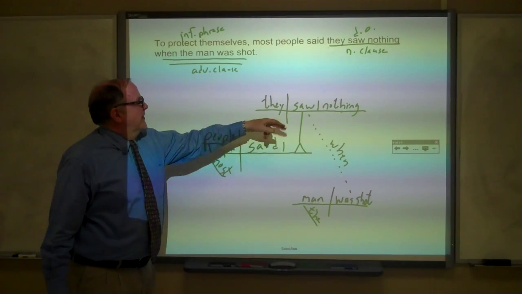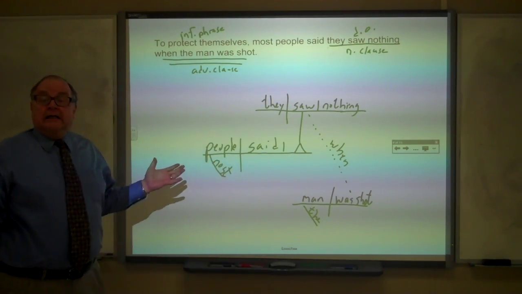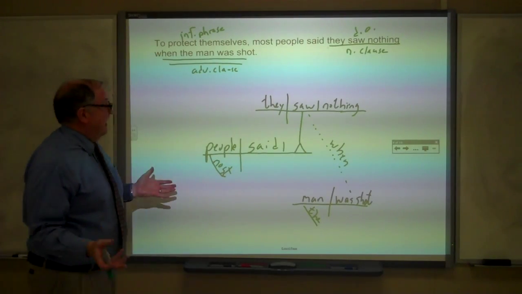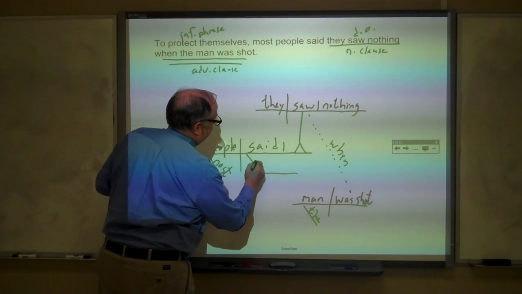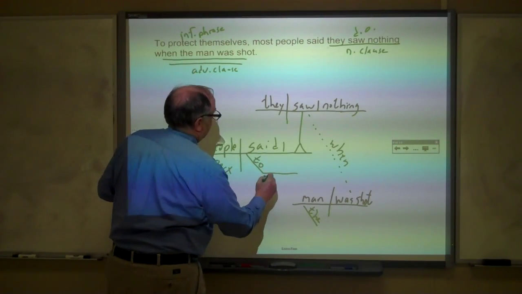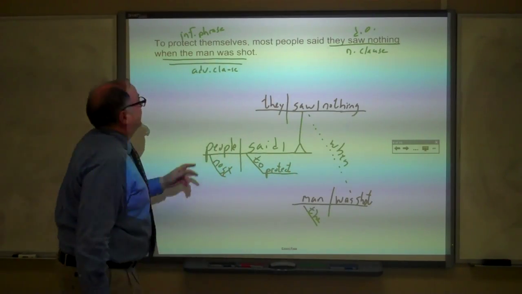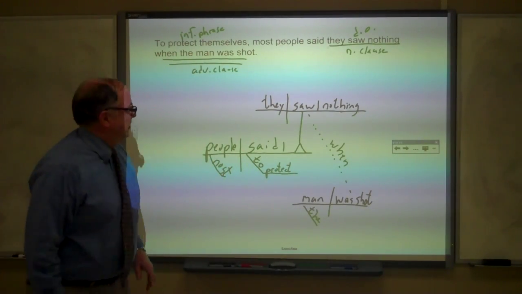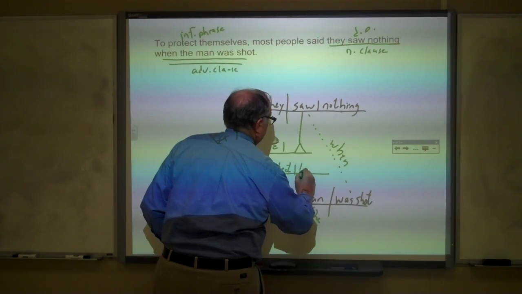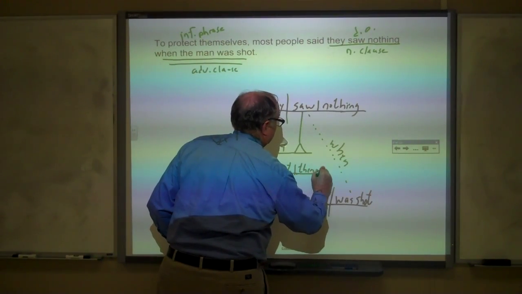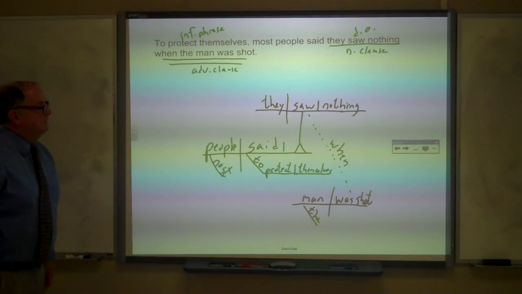It doesn't modify saw, but it modifies said. It's an infinitive phrase, but it's an adverbial infinitive phrase, so it goes under the word. It modifies to protect, and then themselves is the direct object of the infinitive protect. So we extend the line out there and write the direct object with the vertical line.